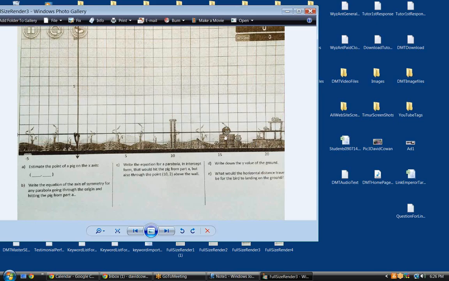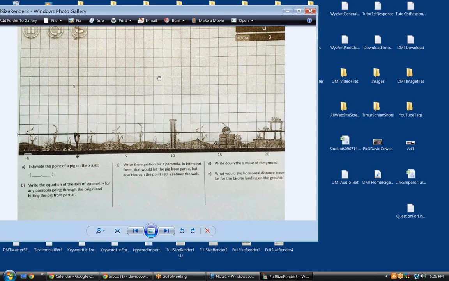Write an equation of the axis of symmetry for any parabola going through the origin and hitting the pig from part A. All right, well, the pig, something had to go up here and come back down to there, right?